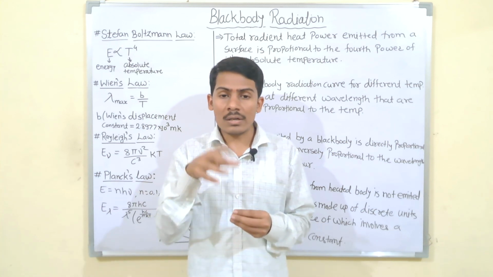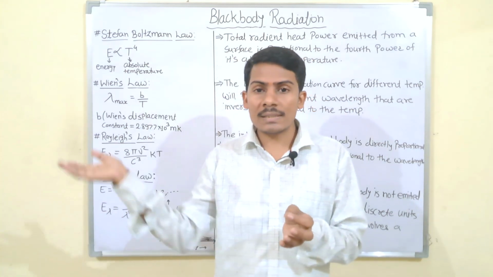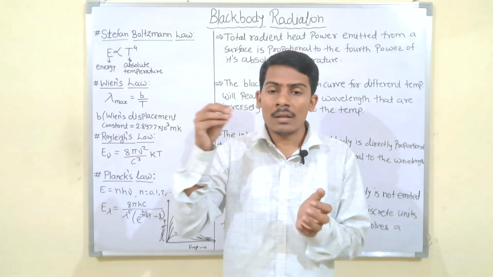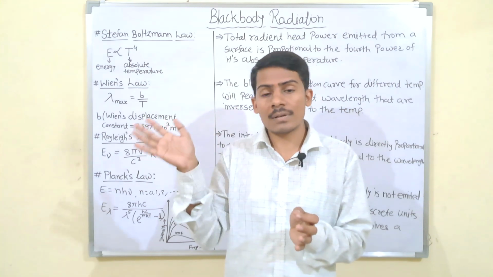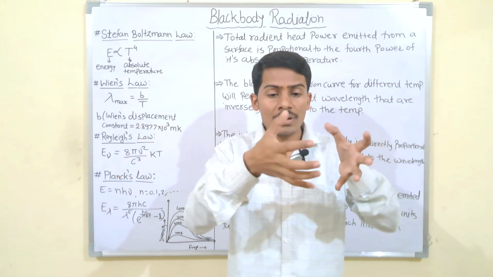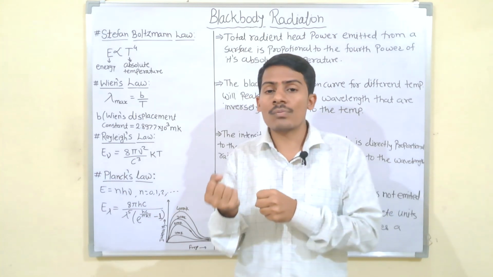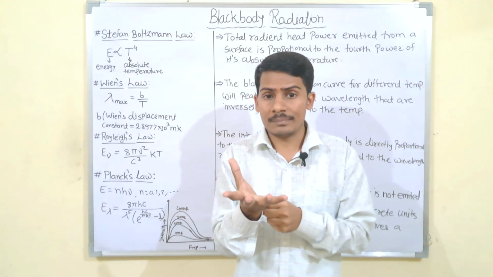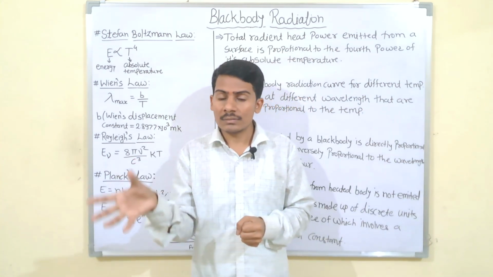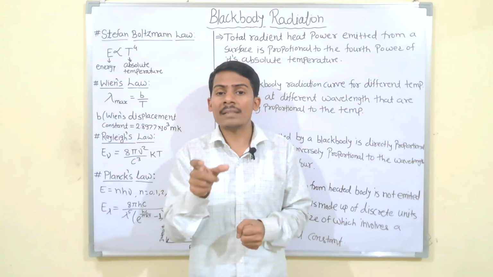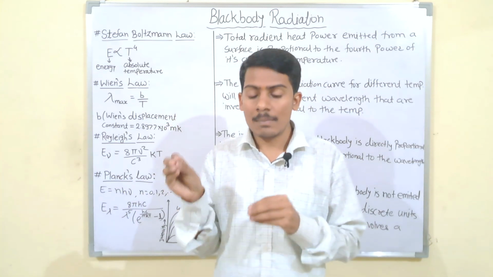Radiations means all colors, all wavelengths, because you know the red color wavelength is different, yellow color wavelength is different, pink color wavelength is different, all colors have different wavelengths, and all these colored wavelengths are mixed, and those radiations are absorbed by that body, therefore it reflects a black color. Therefore we consider that object as black, and we give it the name black body.